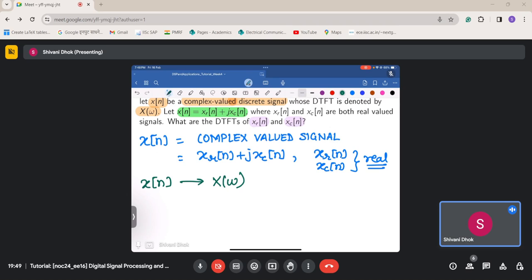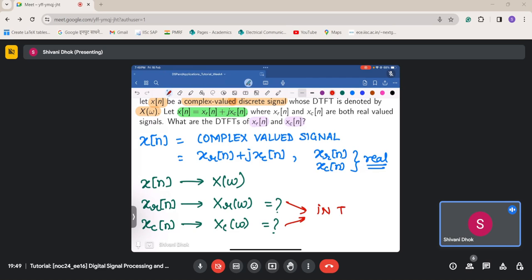What we need to find out is the DTFT of xr[n], let's say Xr(ω), and of xc[n], let it be Xc(ω). We need to find both of these in terms of X(ω).